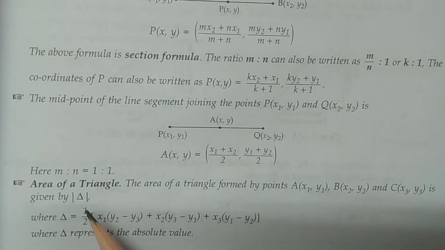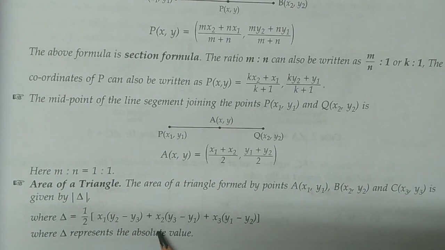It's given the area of a triangle. The area of a triangle formed by the points A(x1, y1), B(x2, y2) and C(x3, y3) is given by delta, where delta equal to half, or 1 by 2, times x1(y2 minus y3) plus x2(y3 minus y1) plus x3(y1 minus y2).